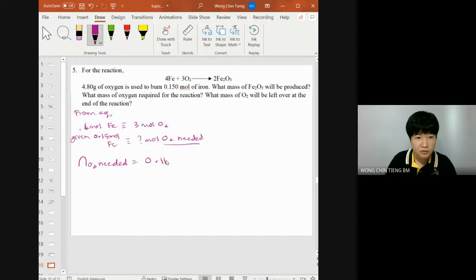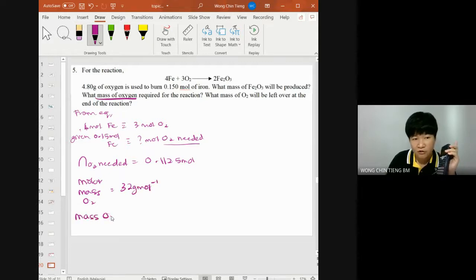0.1125 mole. Okay. So, from the 0.1125 mole, soalan minta mass. So, you can change to mass by using molar mass. And you know that the molar mass of oxygen, 32 gram per mole. From that, you will be able to calculate the mass of oxygen gas needed. Look at the way that I write.